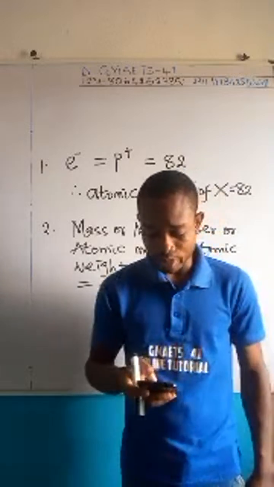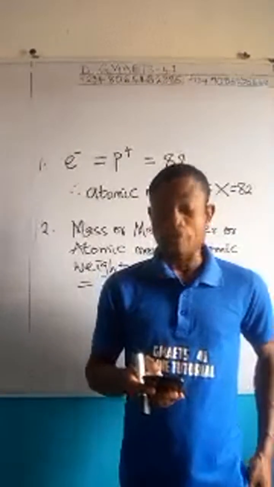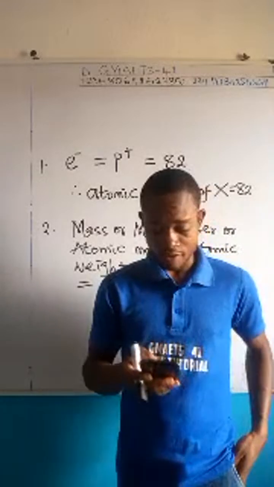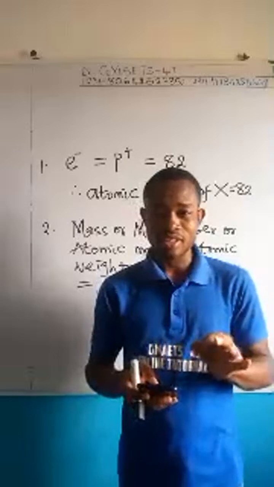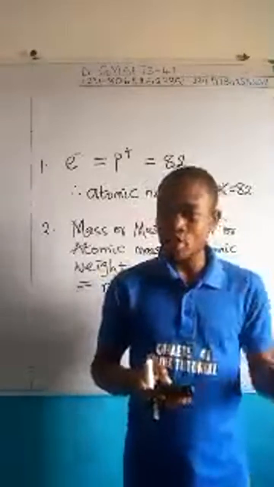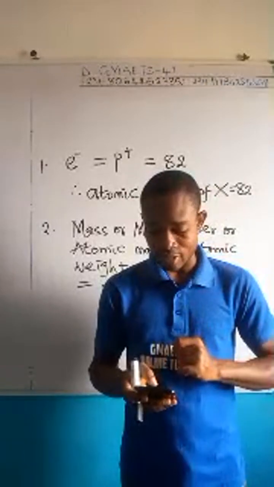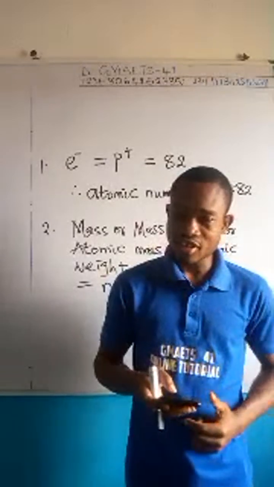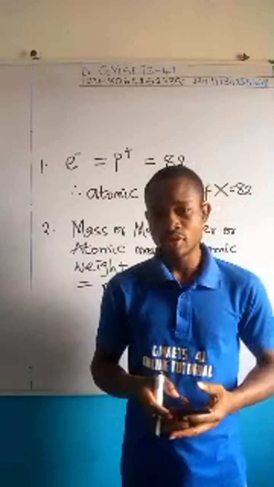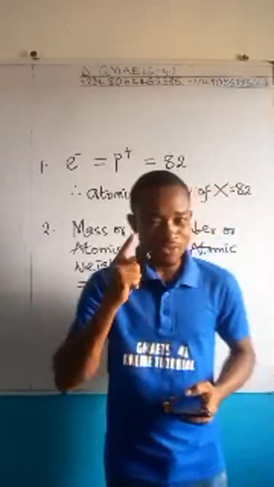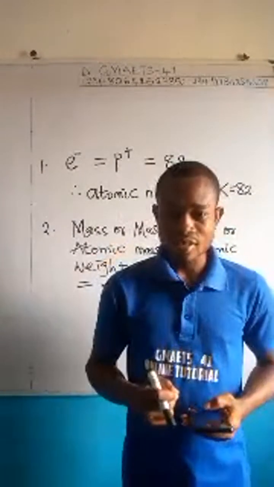A, positive ion; B, neutral ion of a metal; C, neutral atom of a non-metal; and D, negative ion. Once again, let me read the question so that you follow through the analysis.